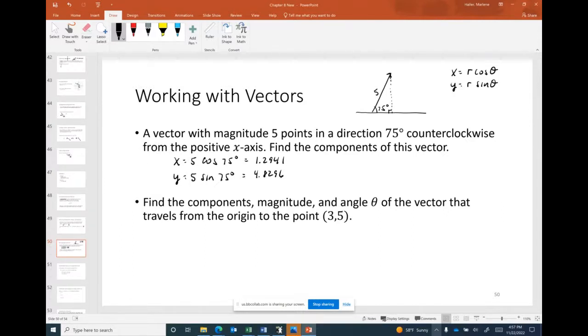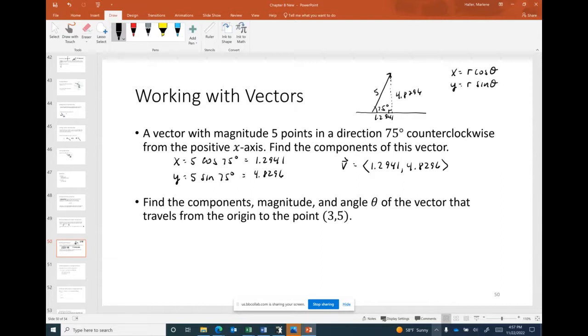Right? So we can write this vector, we'll call it vector v. If I wrote it in component form, it would look like this: 1.2941 for the horizontal component, 4.8296 for the vertical component. The legs of this triangle that we made here, the horizontal leg length is 1.2941. The vertical leg length is 4.8296.